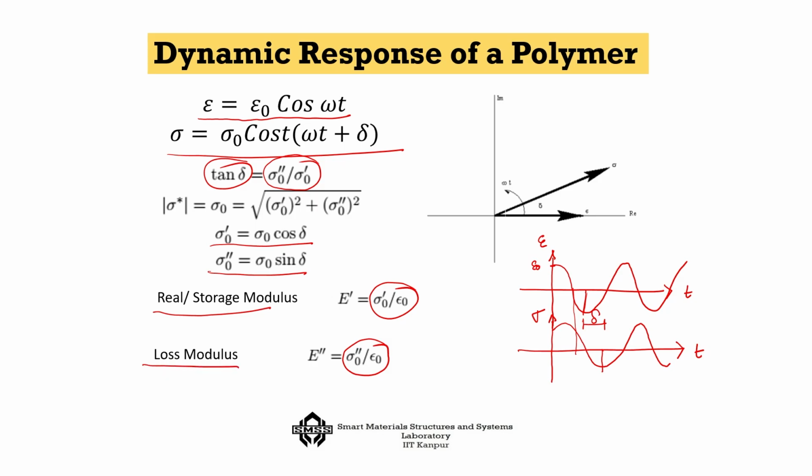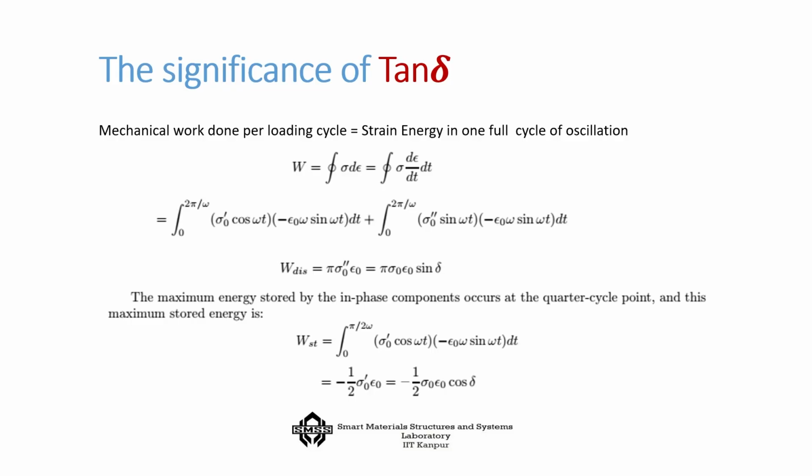In other words, a metal will have a very small loss modulus, and predominantly it will have the real or storage modulus. Whereas from a polymeric point of view, these two become significant, and then the significance of tan delta comes into the picture. That is, the more the delta, the more significant the tan delta value.